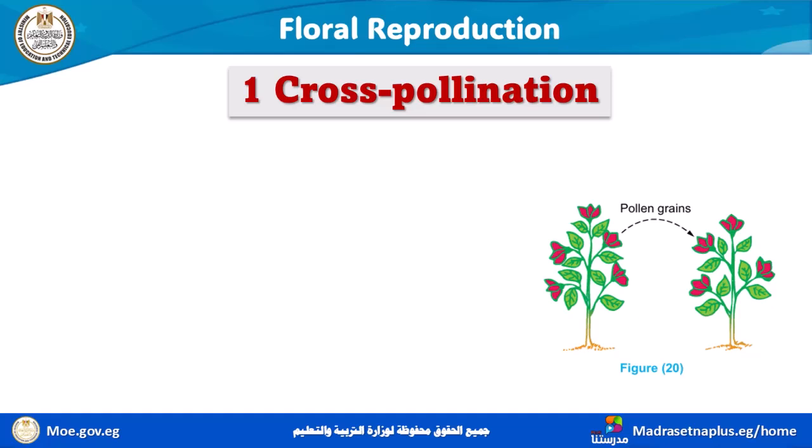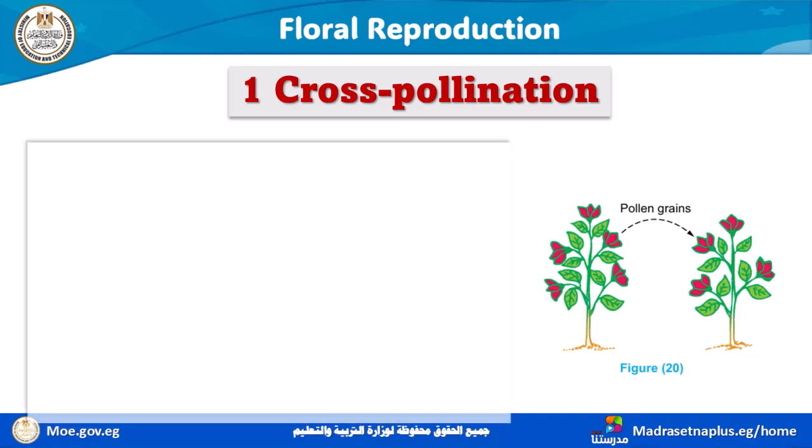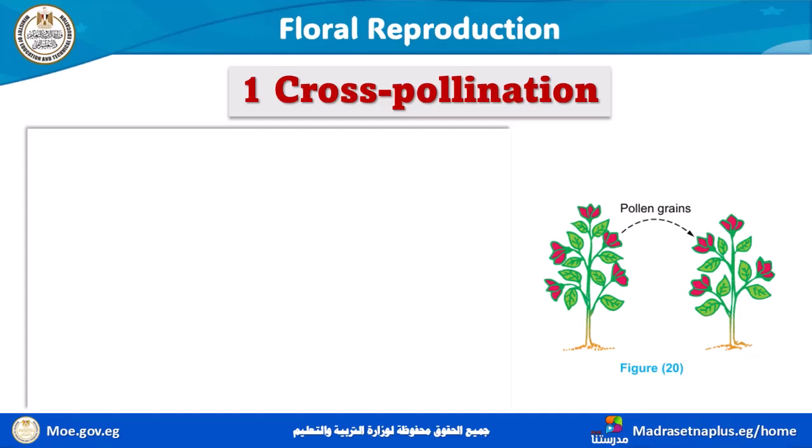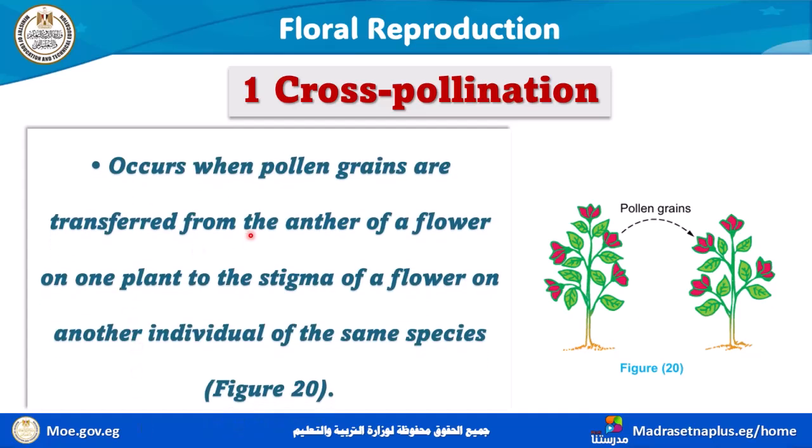Cross-pollination takes place in figure 20. By observing figure 20, cross-pollination occurs when pollen grains are transferred from the anther of a flower on one plant to the stigma of a flower on another plant, or another individual of the same species, as you can see here in figure 20. So this type of pollination is called cross-pollination.